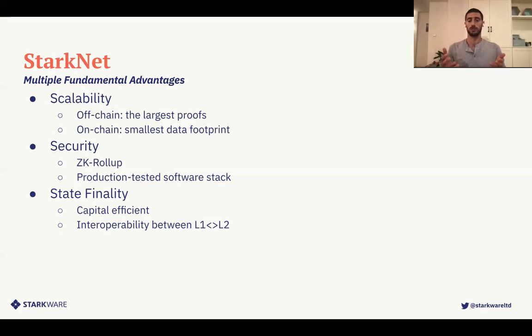Since the state is final once it is updated, we will support a mechanism that allows contracts on L2 to call contracts on L1 and contracts on L1 to call contracts on L2. And since this call happens immediately at the state update, many interesting applications can be built on top of that.